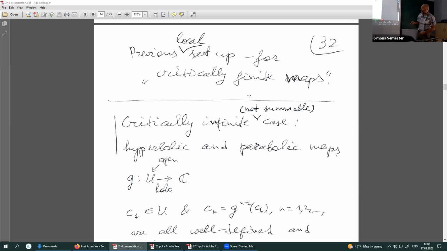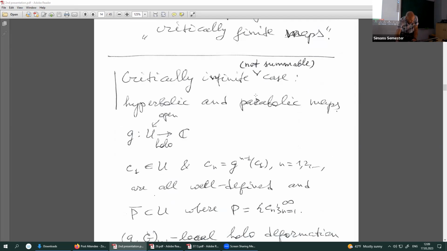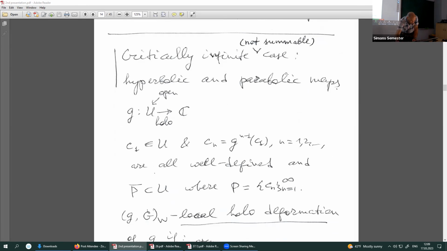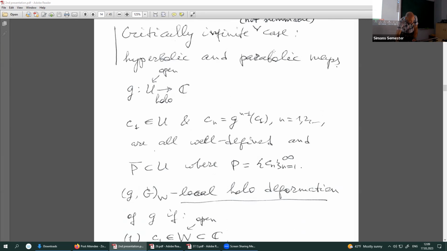It turned out that our approach, a local approach, worked in this case too. Let me not say a lot about this, but the definitions are the same. The only thing is that, first of all, there is just one critical value, so nu is 1.